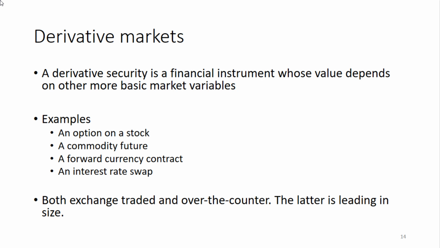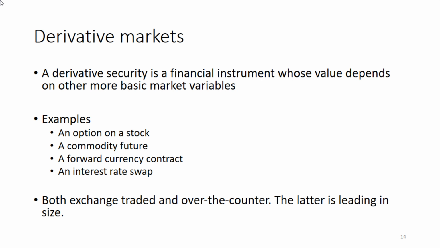Well, derivative securities are traded both in the exchange market and in the over-the-counter market, where we see that the over-the-counter market is really leading in size. So in terms of volume, it's the over-the-counter market where a huge number of derivative securities are traded.